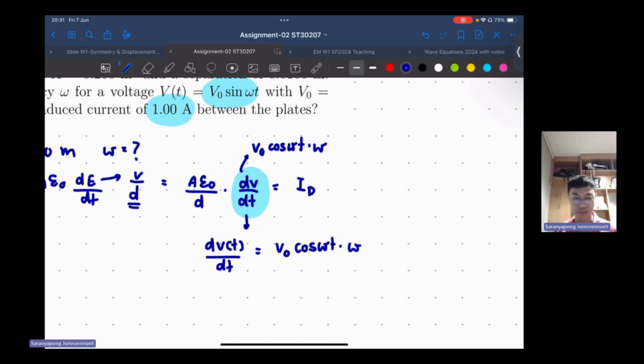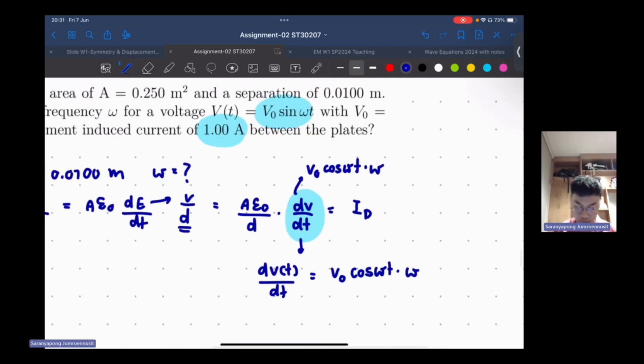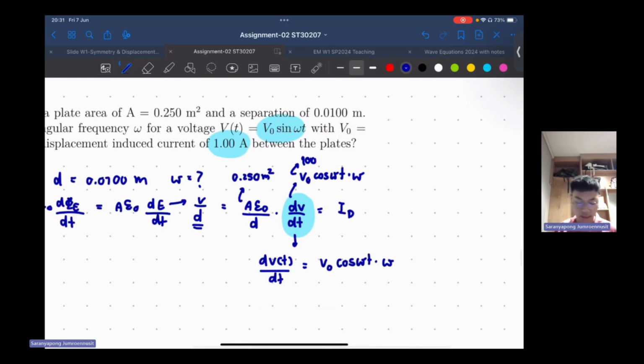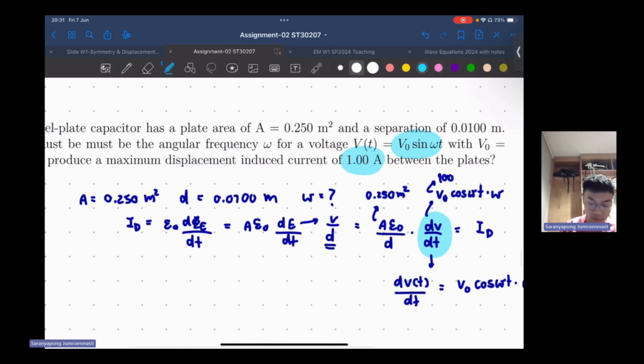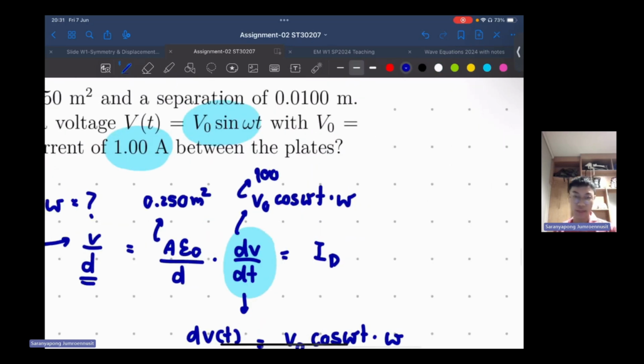And the last thing we need to do is to substitute the values. We have the area of 0.25 square meters and V0 at 100 volts. And now they need us to find the maximum displacement current. So we know that the function cos can never be more than 1, and the maximum value of cos is 1.